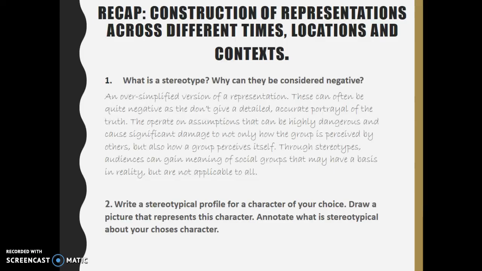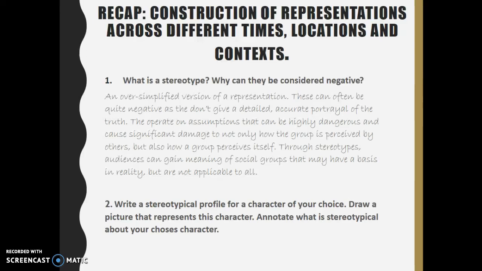They operate on assumptions that can be highly dangerous and cause significant damage to not only how the group is perceived by others, but also how a group perceives itself.